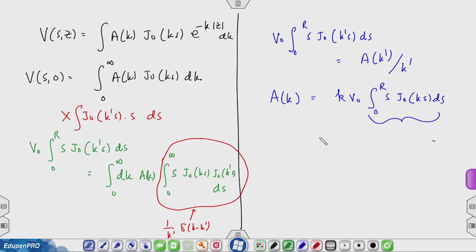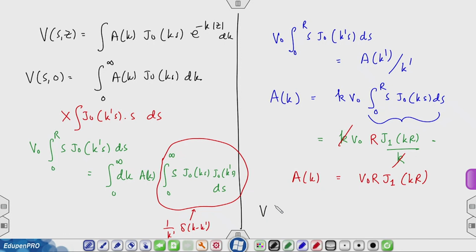This is nothing but k V 0, and this integral we have just figured out is nothing but J 1 k r over k. This k cancels, and therefore, A(k) comes out to be V naught J 1 k r, and there is an r also. So, V naught r J 1 k r.